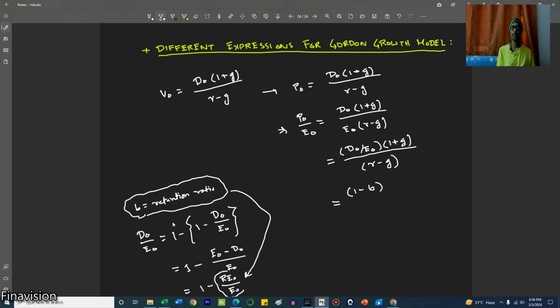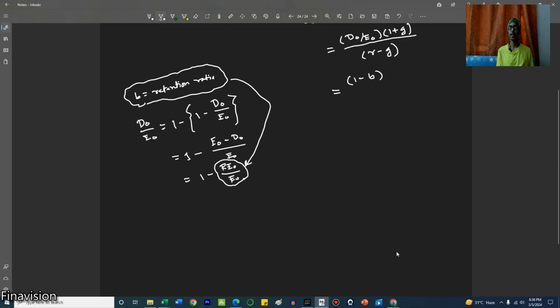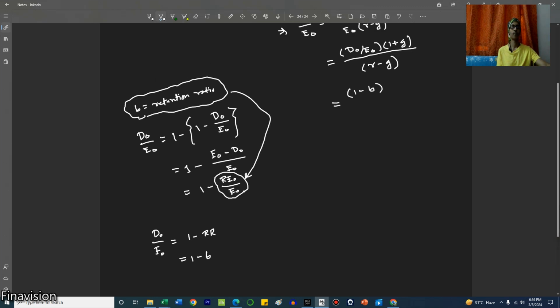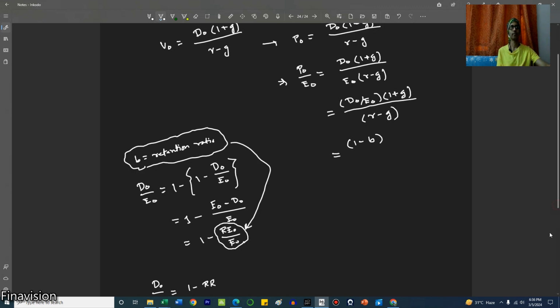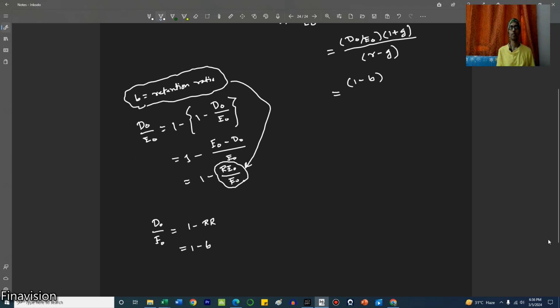So D0 by E0 is equal to 1 minus retention ratio or 1 minus B, and we put it here. We use this formula straight away here. So this becomes 1 minus B into 1 plus G by R minus G.